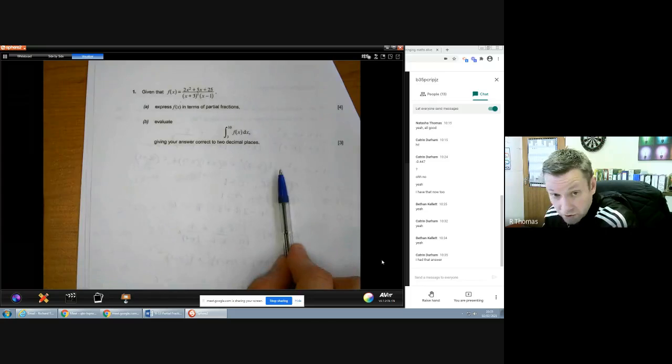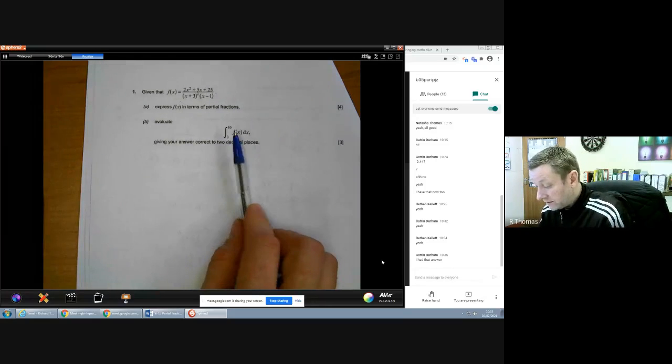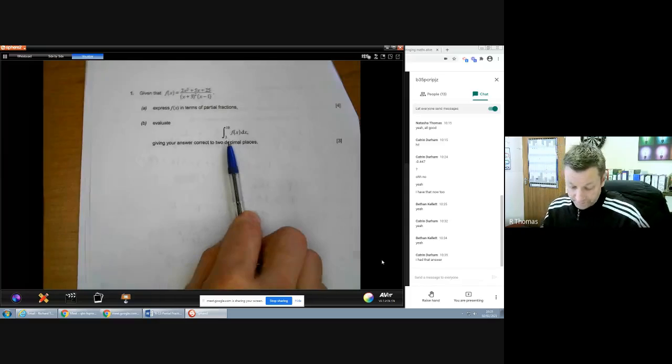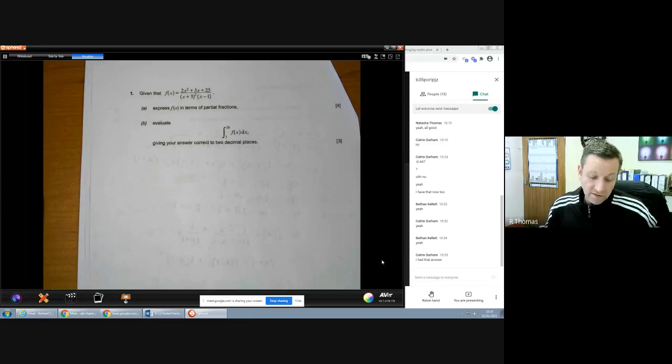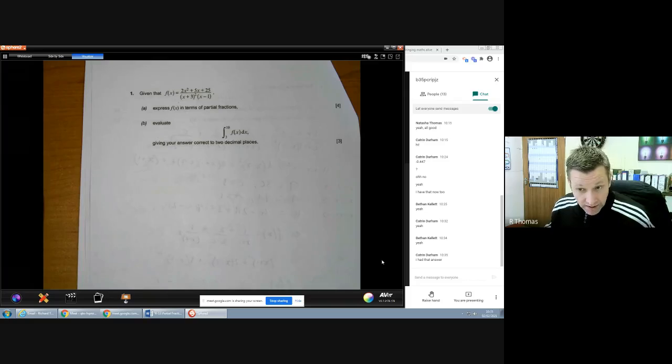Once you've got your 3 partial fractions, I want a definite integral between 10 and 3. Shall I give you some hints? Don't be afraid if the value of b comes out as 0 again.